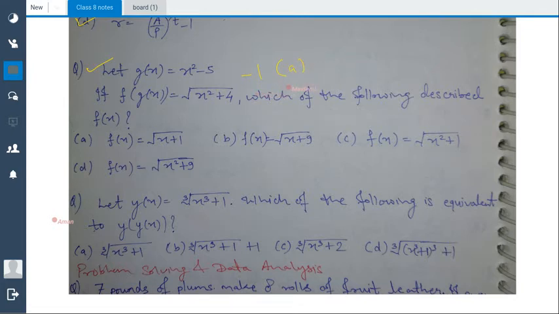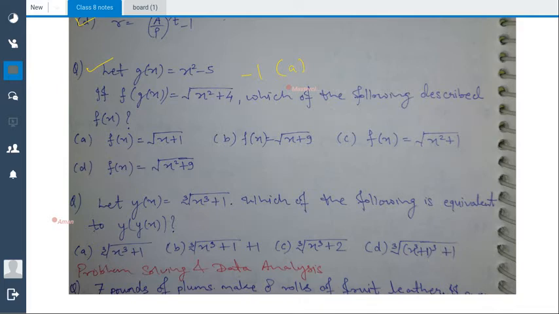The g of x equals x squared minus 5, if f of g of x is root x squared plus 4, right? So how to approach this question? Do you have to consider all the options? Well, you do it yourself whichever way you want. So it's x squared minus 5 plus 1, right? That's minus 4. So A is all right. We know that.